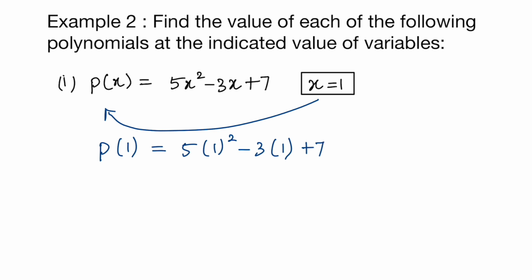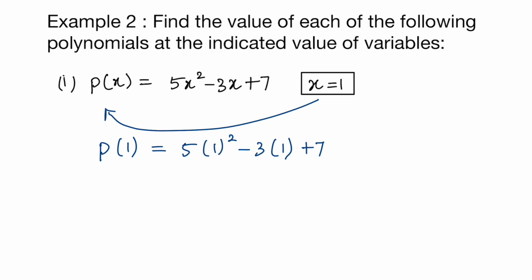The first step is substituting the value of x given in the question into p of x. Since the value of x is given as 1, you substitute 1 into this polynomial, 5x squared minus 3x plus 7, and that gets you this equation: 5 into 1 squared minus 3 into 1 plus 7.